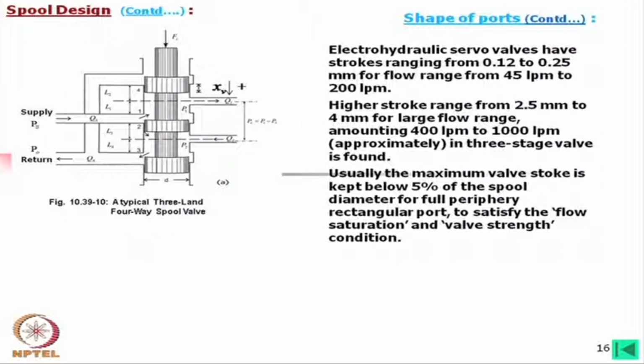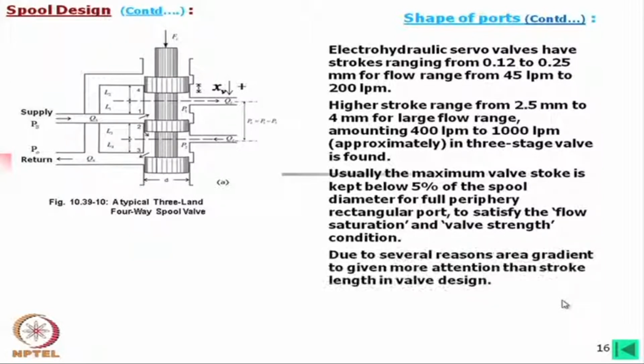So from that point of view, there are flow saturation and also valve strength, that is, how much strength is required to move this spool.